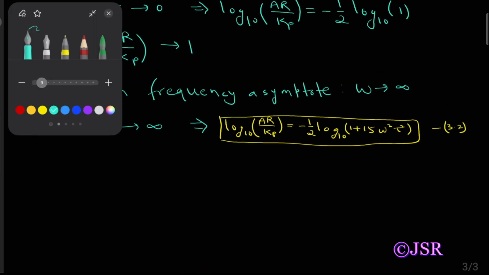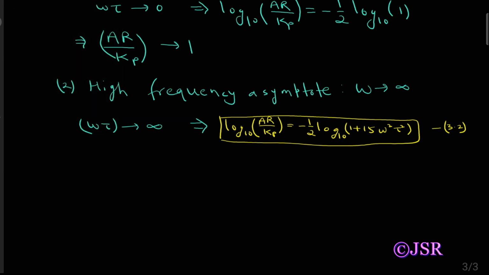So when omega tau tends to infinity, it's a very large number, so we can neglect the first term.